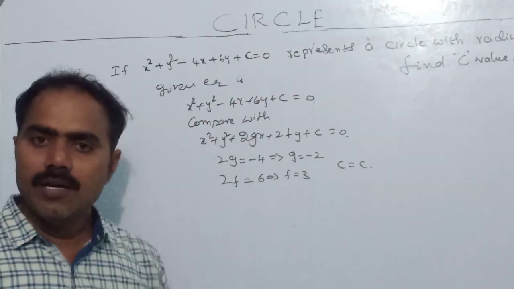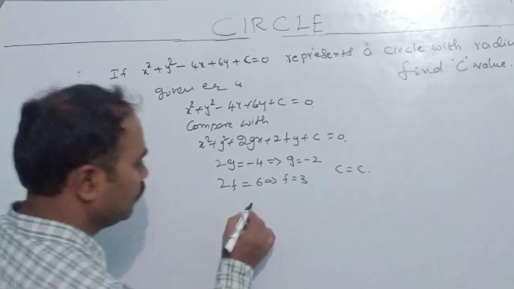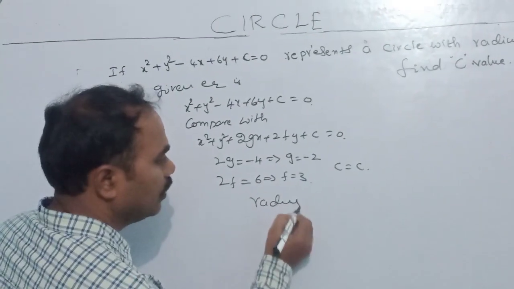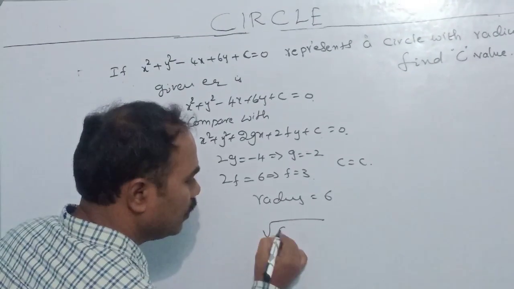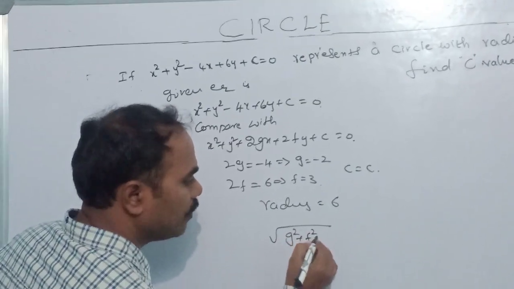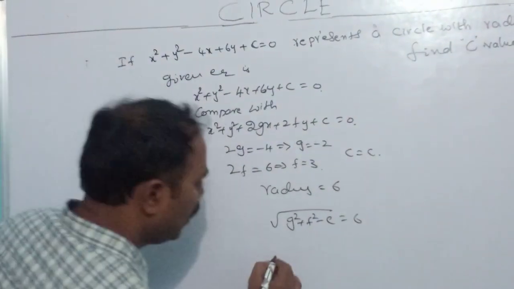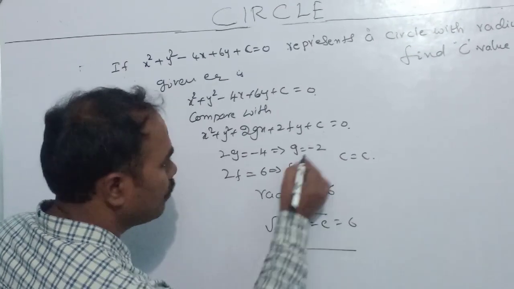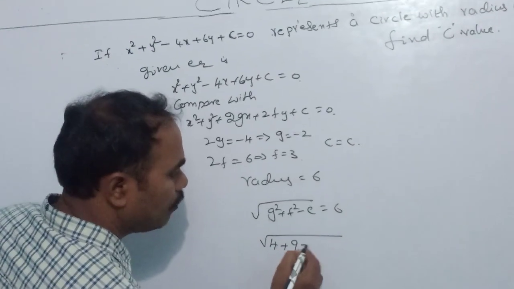According to the problem, the radius of this one is 6. Radius equals 6. That means root over g square plus f square minus c is 6. Where g square, the g value is -2, that is 4, f square is 9, minus c.